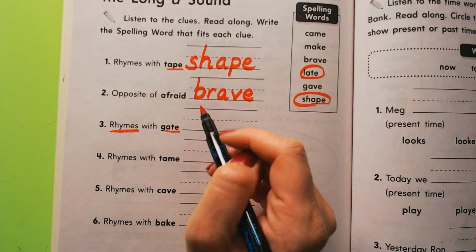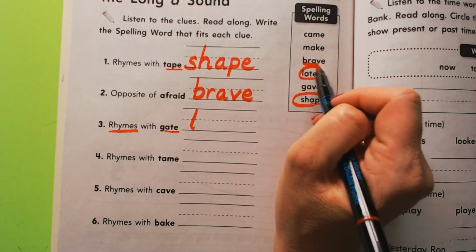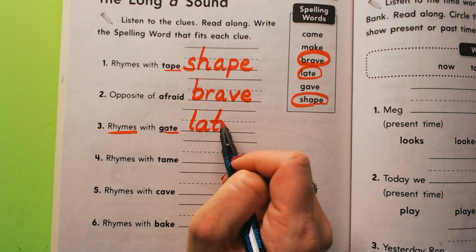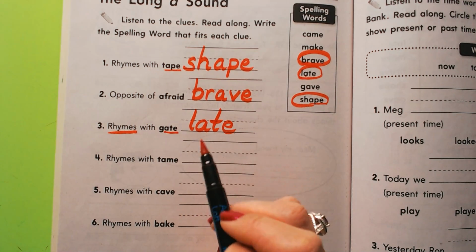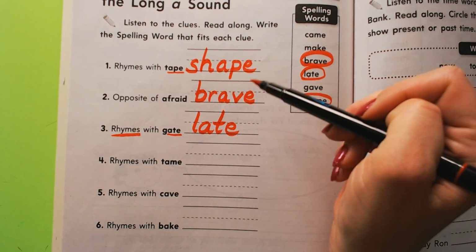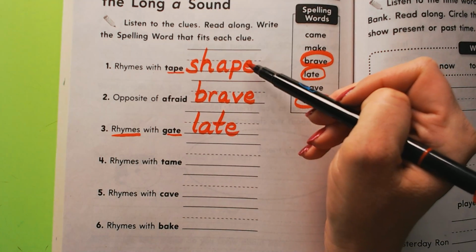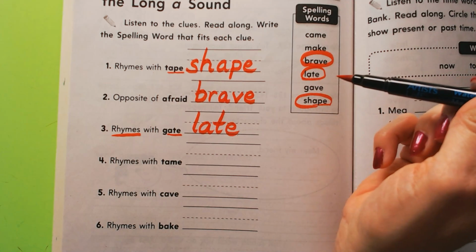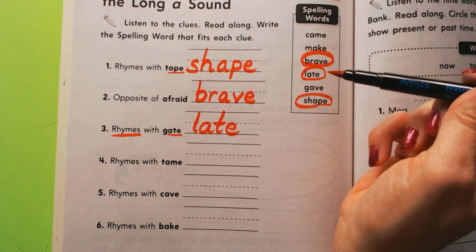Let's write the word late. Oops, I forgot to circle brave. L, ate. Okay, right about now, when we start blends and silent E's, these are the tests that if you don't study for them, you don't do well.